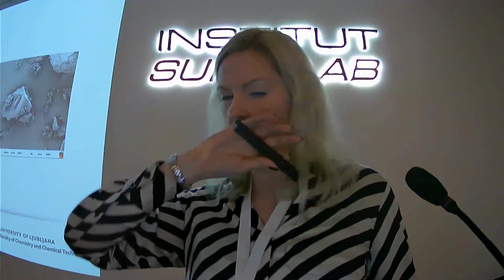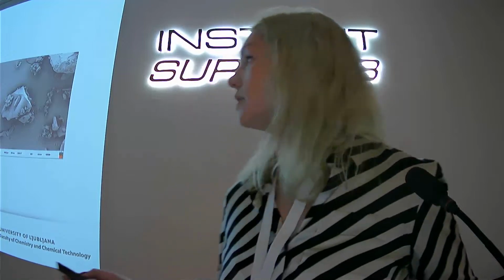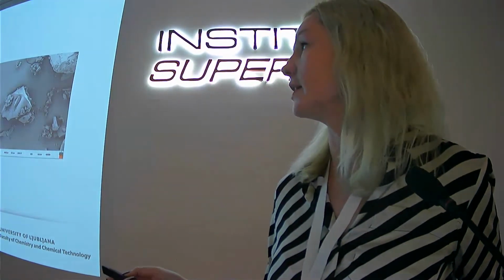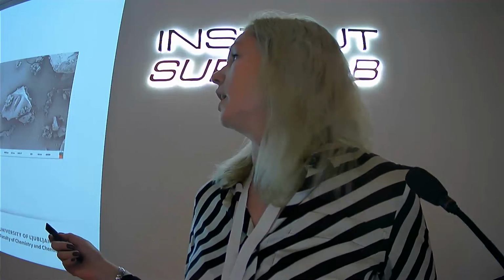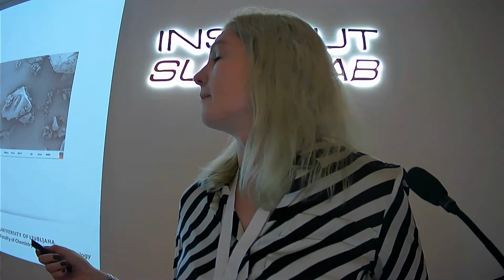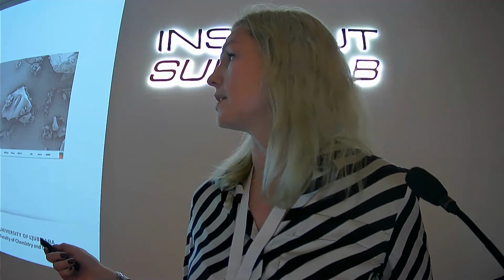And of course, what we always need to be careful about is also the agglomeration, especially if we have smaller particles that have a very high tendency to agglomerate. This is, for example, tire wear microplastics, or this is some other bakelite microplastics. You can easily see that the particles are sticking to each other. So if we are measuring the size with the laser diffraction analyzer with the dry unit, the machine will just measure the size of one agglomerate, not the specific particles.